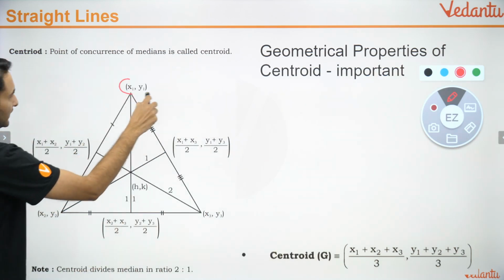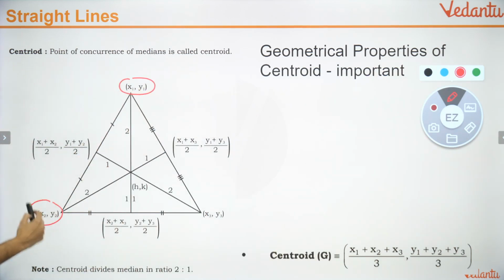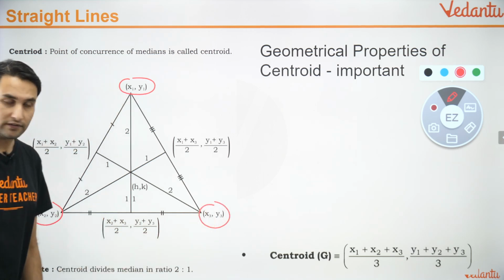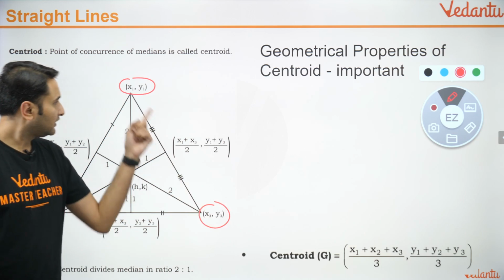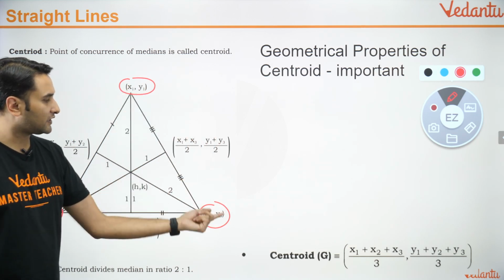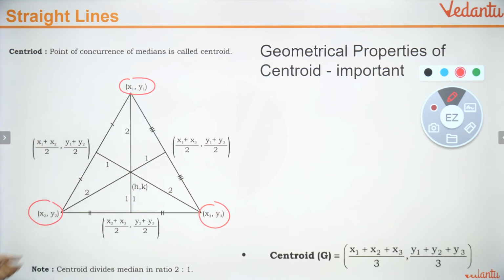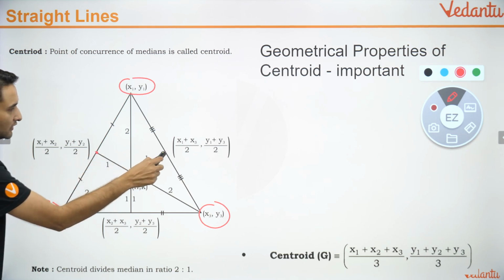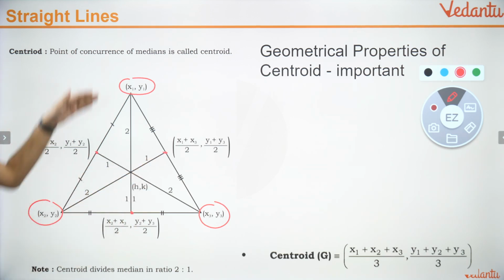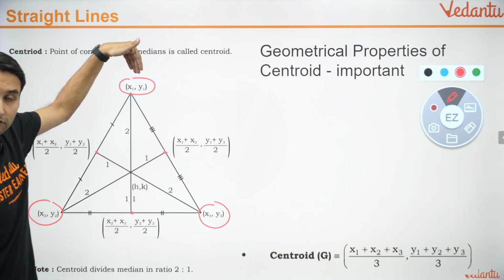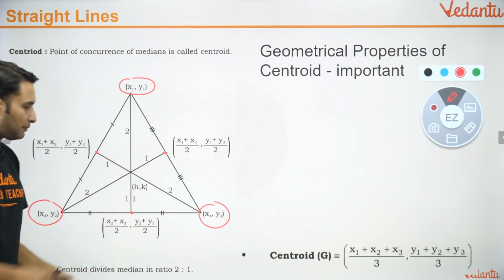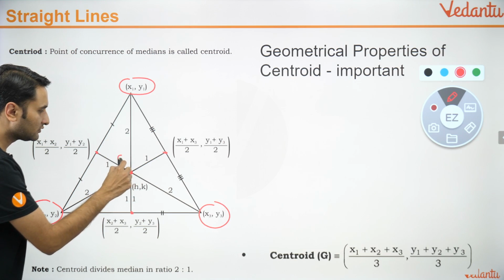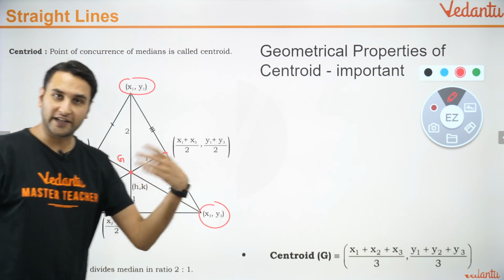If this point is x1 y1, this is x2 y2, this is x3 y3, the midpoint is x1 plus x3 by 2, y1 plus y3 by 2, and so on. So these are the midpoints. The line joining a vertex to the midpoint of the other side, where they intersect, that is your G. How did you find G?